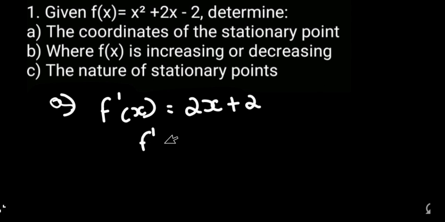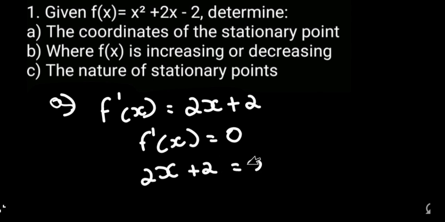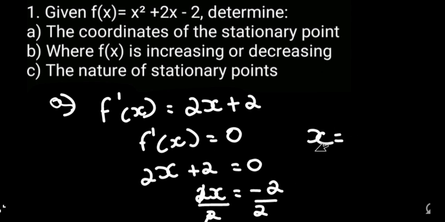If the first derivative is equal to 0, we get the x coordinate of the stationary point. So 2x plus 2 is equal to 0. Transposing 2 to the other side, 2x is equal to negative 2. Divide both sides by 2 to isolate x, so x is equal to negative 2 divided by 2, which is negative 1. This is the x coordinate of the stationary point.